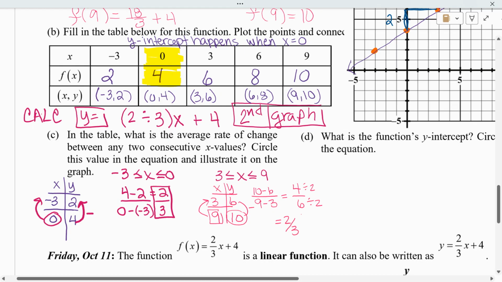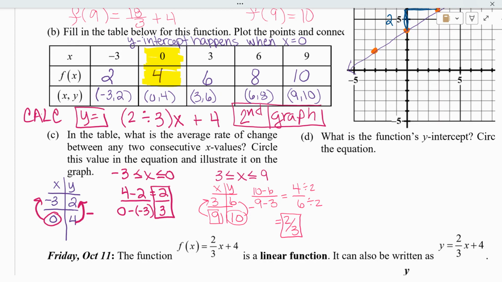So, what do you know about the average rate of change over the whole function? It's 2/3 over the whole function. So that's something that we know about linear equations.